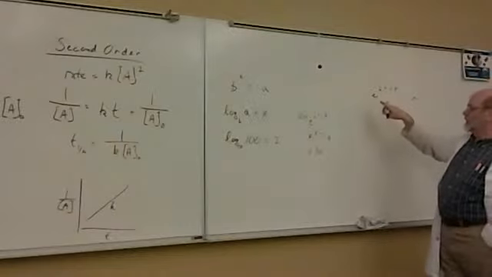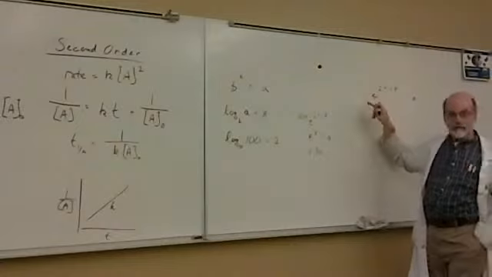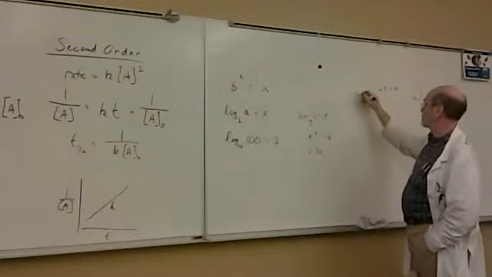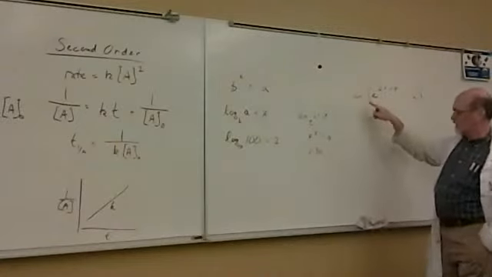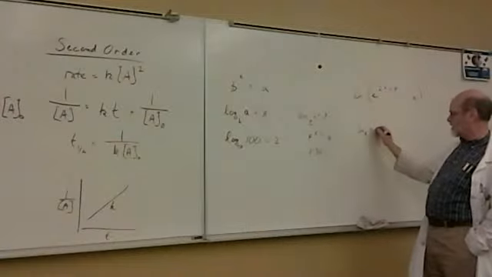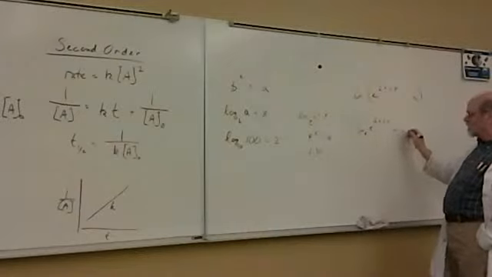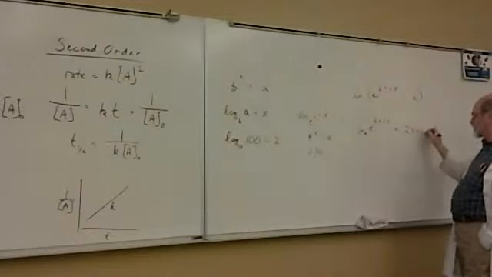If we take the natural log of that, the natural log of e to the 2x plus t is equal to 2x plus t.